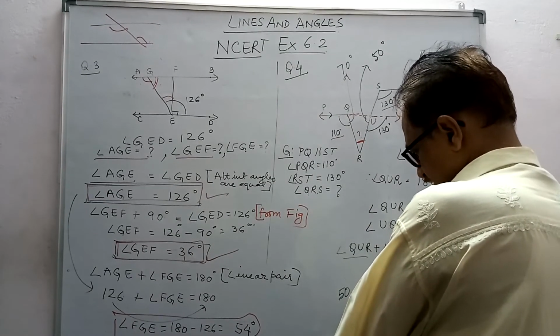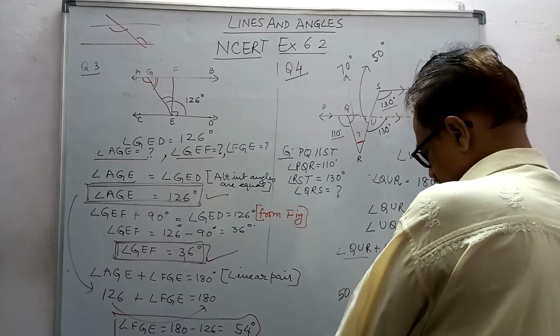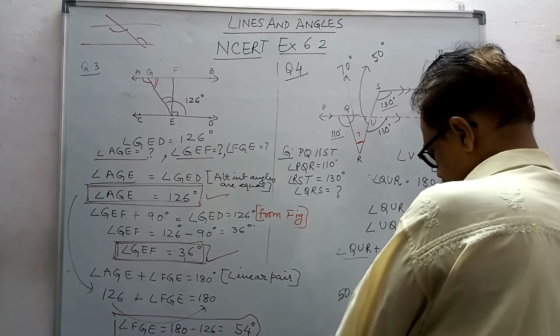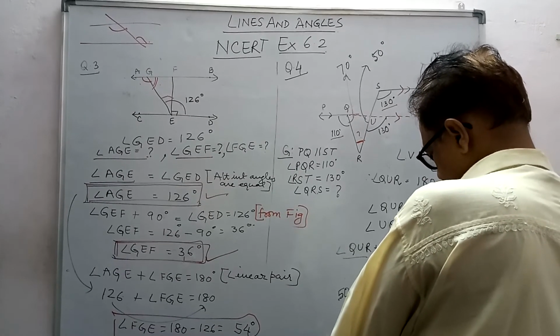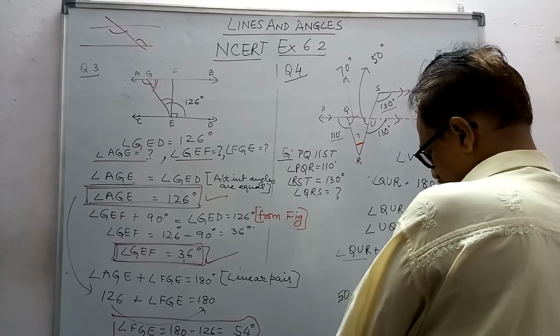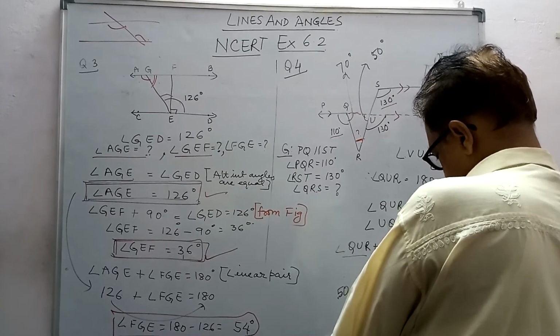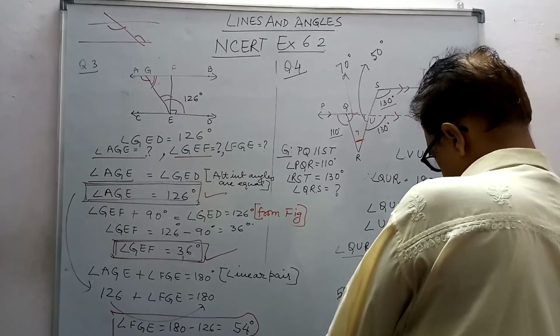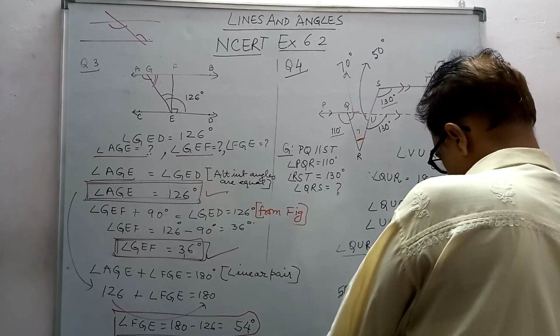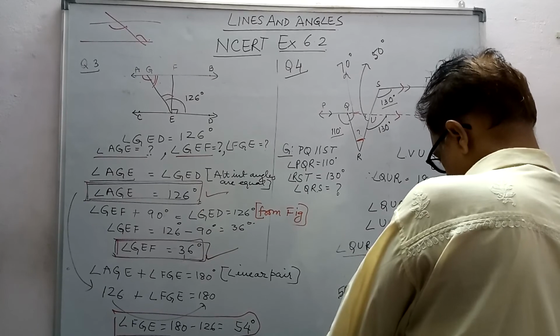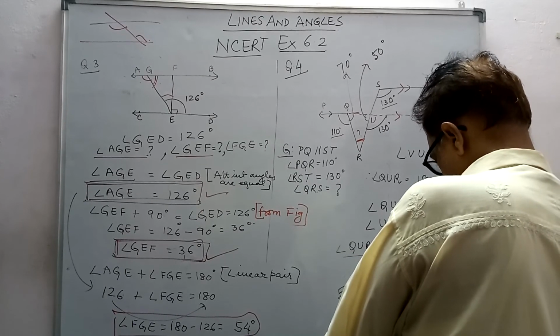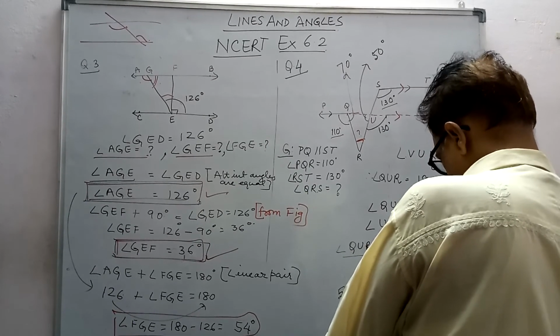So 120 plus angle QRS is 180. So angle QRS is equal to 180 minus 120, that is equal to 60 degrees. So angle QRS is equal to 60 degrees. This is the answer.